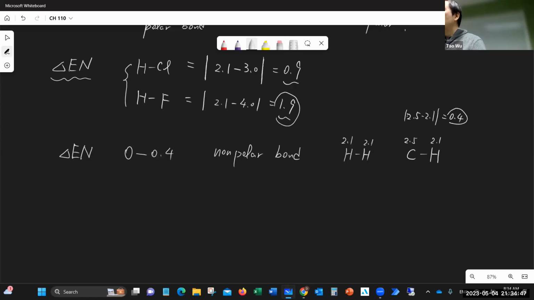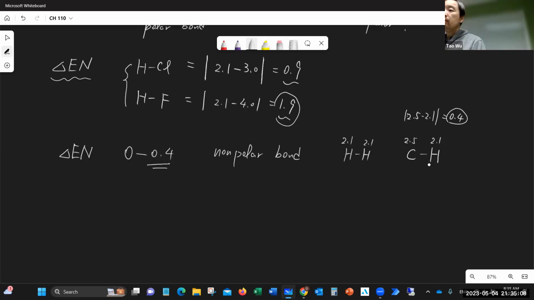So 0.4 is in the range. That's why the carbon and hydrogen bond is also a nonpolar bond, although those two atoms are different. The atoms are different, but they belong to a nonpolar bond.